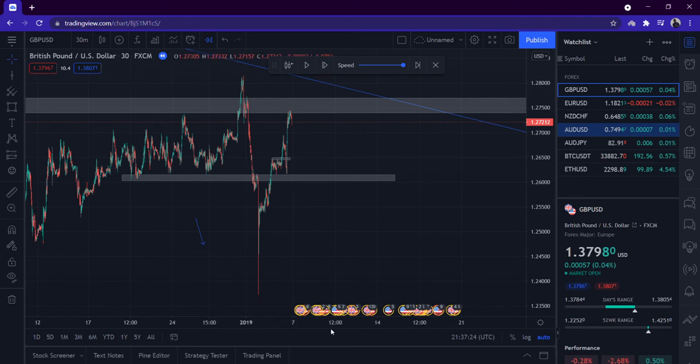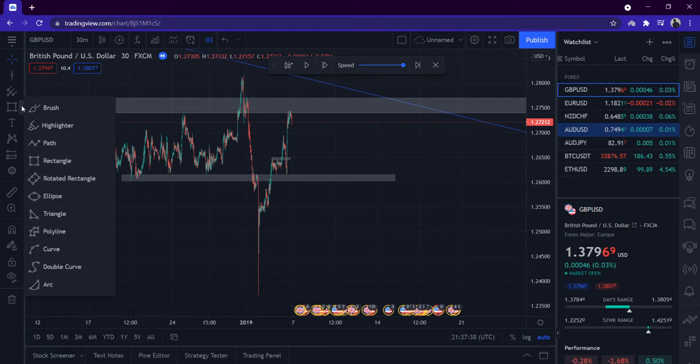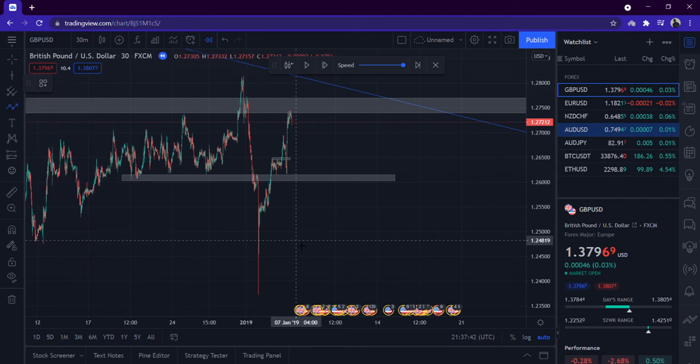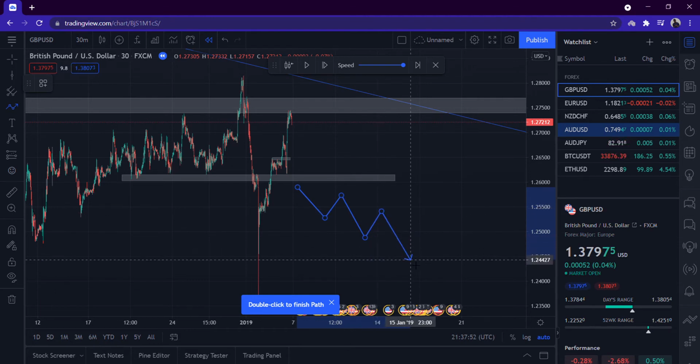In case I see a bearish momentum starting, by bearish momentum I mean a lower high and lower lows, that's when I'll look to go bearish. Right now I have no particular direction, so I'm going to let that be for now.